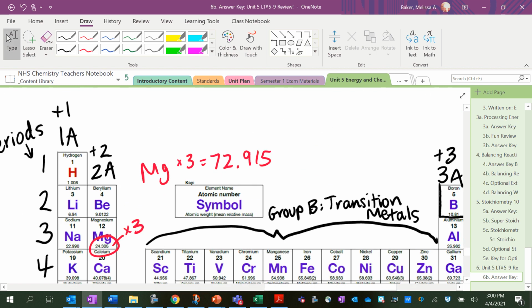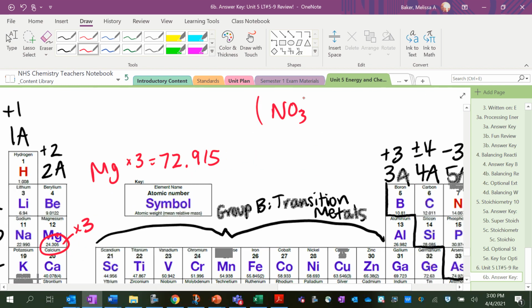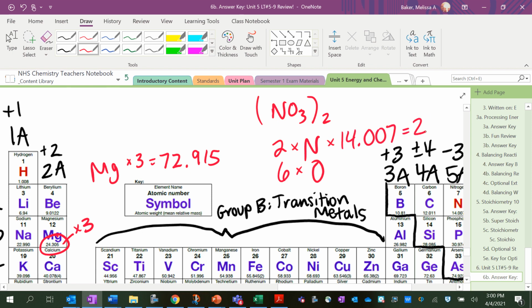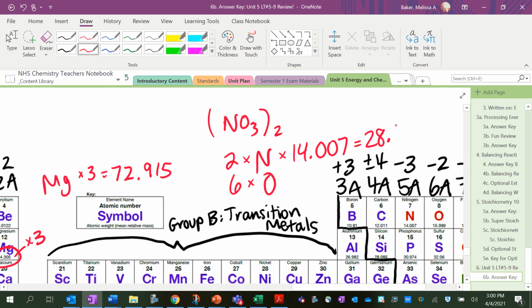NO32. Okay, so NO32, that's 2 times nitrogen, and that's 6 times oxygen. So 2 times nitrogen. Nitrogen is 14.007. So times 2, I can do that in my head, is 28.014. And 6 times oxygen, oxygen is 16.